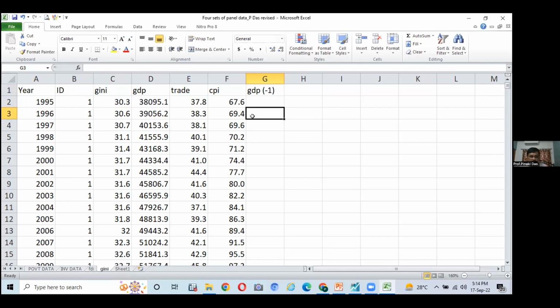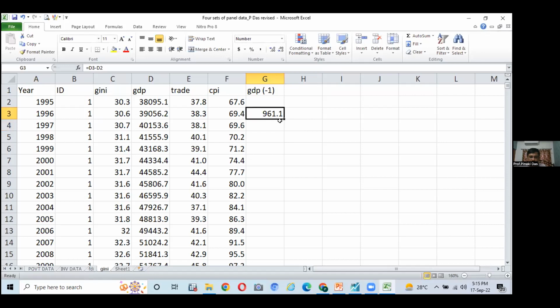That is, if we subtract the GDP of the previous year from the GDP of the year 1996, then this difference, the successive difference between two periods of data, is the value of GDP minus 1, the GDP at first difference.